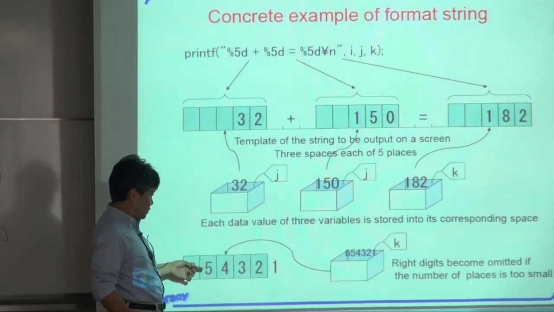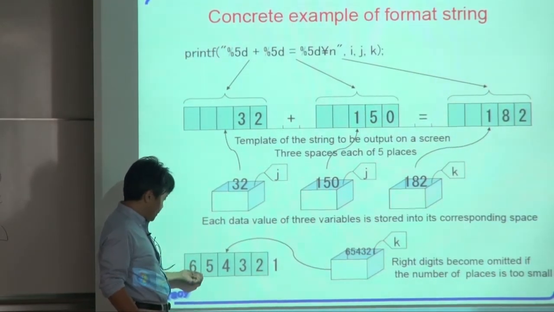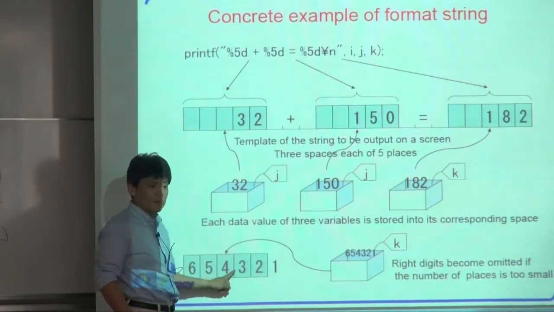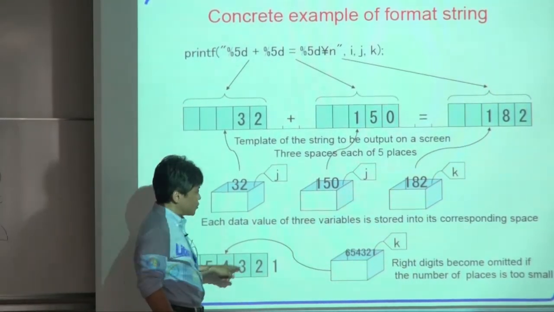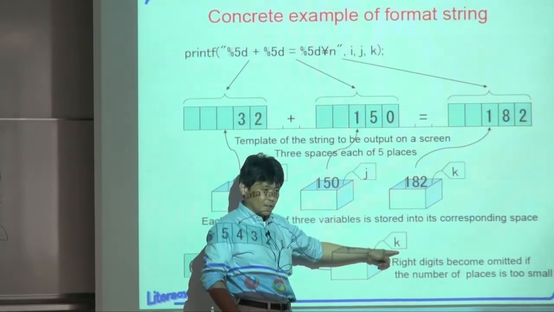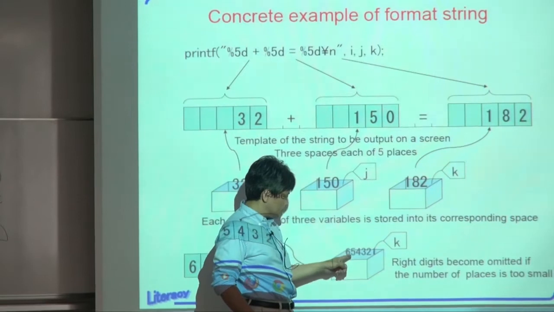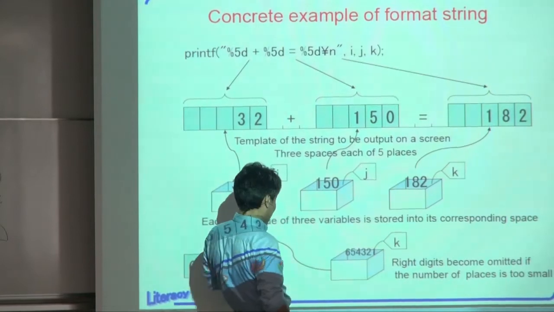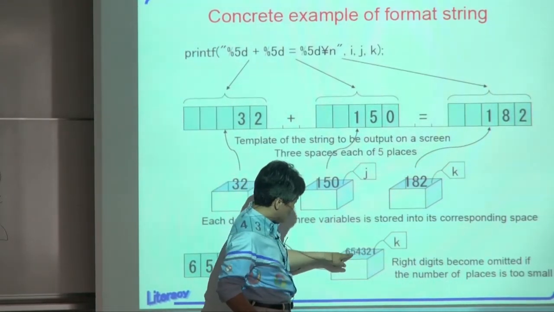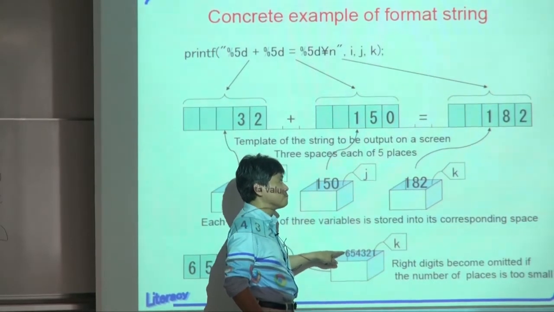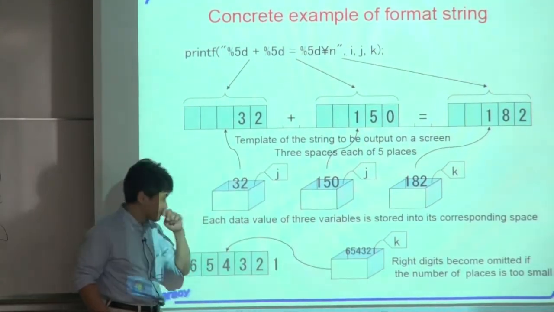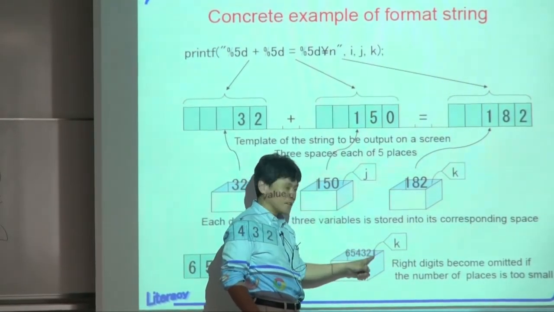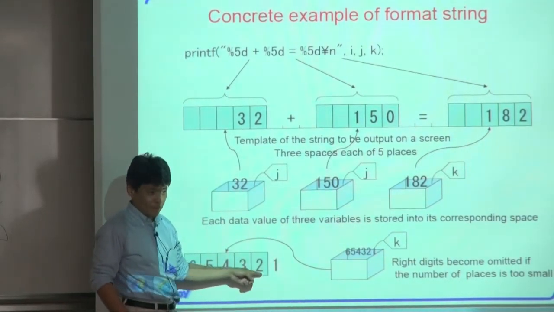This is an important point. If you specify the length of the string as 5 characters, however the actual value of variable k is over 1 billion, then in this case the leftmost digits of the number are omitted.